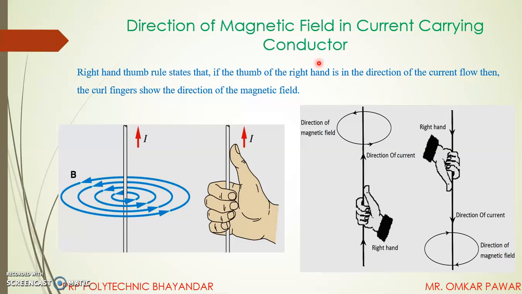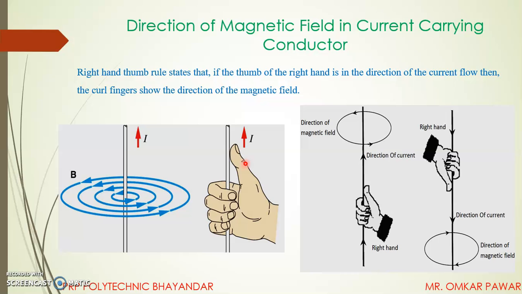Basically, if we put a conductor and we know the direction of current, suppose it is in the upward direction, we use a simple rule, the right hand thumb rule, which states that if the thumb of the right hand is in the direction of the current flow, so in this case the current is upward, we put the thumb in the direction of the current.